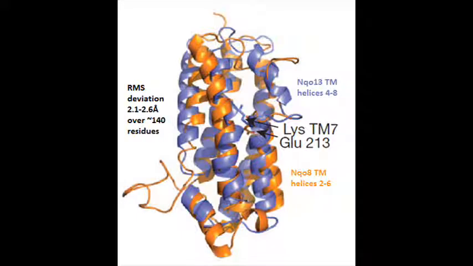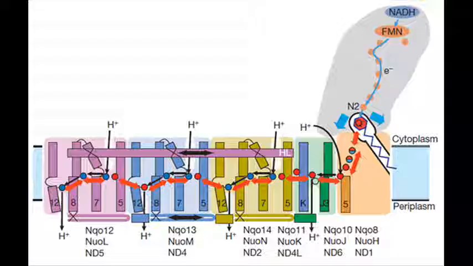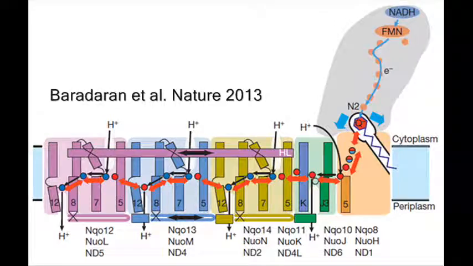Superimposition of the core fold of NQO8 with the half-channel folds of the other three antiporter-like subunits shows a low root mean square value and conserved polar residues. This provides further evidence for the fourth proton translocation pathway, with one half-channel in subunit NQO8 and the other half-channel by subunits NQO10 and NQO11.